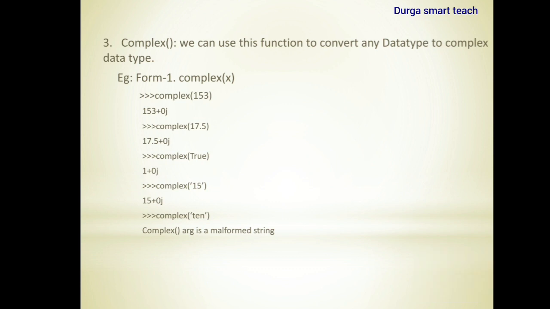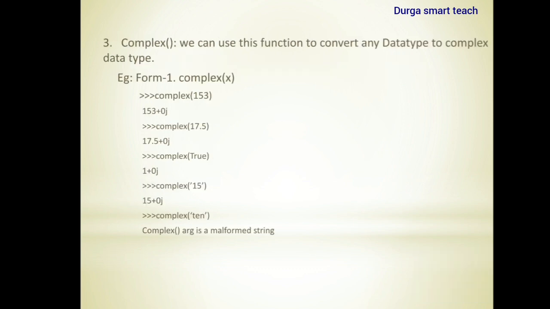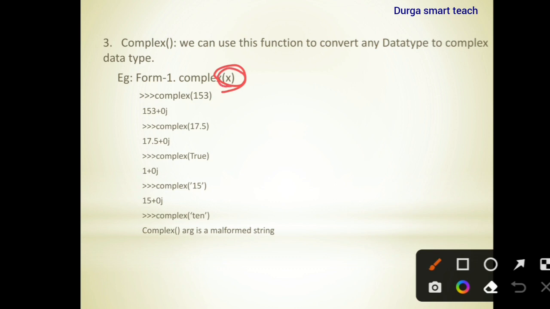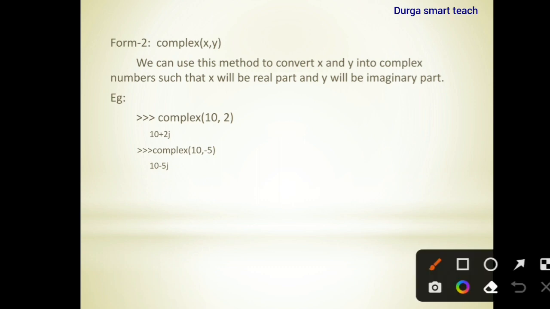The second form is complex of x comma y. In the first form only x is given, so x is treated as the real part and we include 0j as the imaginary part. But in the second form, both x and y values are given, so x becomes the real part and y becomes the imaginary part.